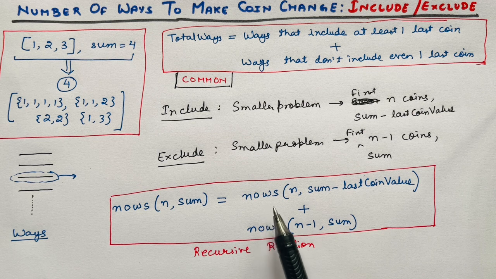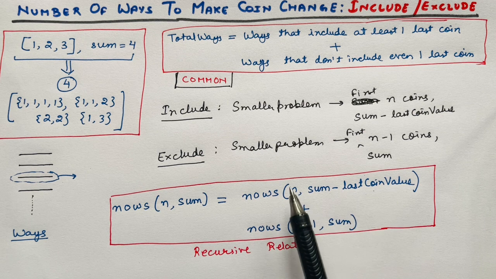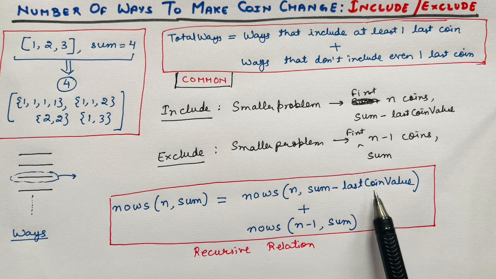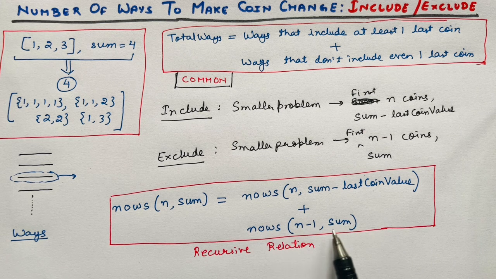So the number of ways of forming this sum using first n coins, plus the number of ways of forming sum equal to sum using first n minus 1 coins. So this corresponded to when we included at least one last coin, and this corresponded to when we did not include even one last coin. That means the last coin was excluded. And we could also see that this include-exclude technique is very common.